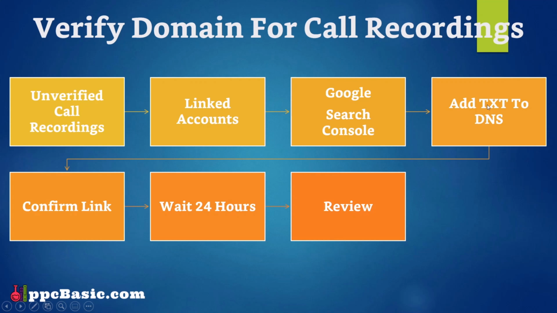We got our TXT record, and we had to put that into our DNS, our domain name server, which in this case was Cloudflare, our domain name provider. And then we confirmed the link with our Google Search Console, and then we confirmed the link with Google Ads. Once again, you'll have to wait about 24 hours for your domain to be verified by Google Ads. And once again, a review.